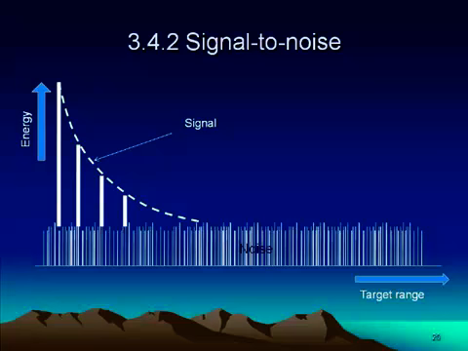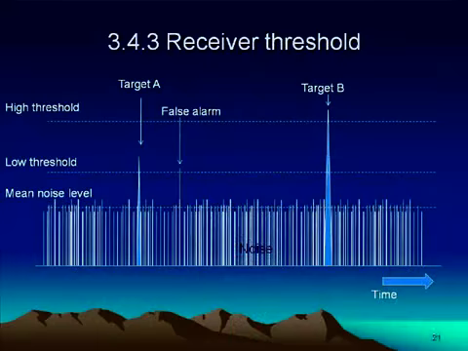That means without the presence of a target, still the operator gets an indication that a target is present. So there are two critical conditions we have. One is false alarm, the other one is missing the targets. So a proper choice must be made to see that the false alarm is minimal and the missing of the target is avoided.